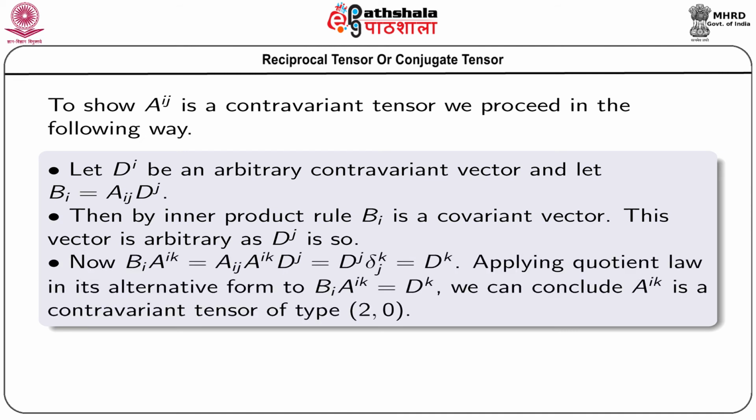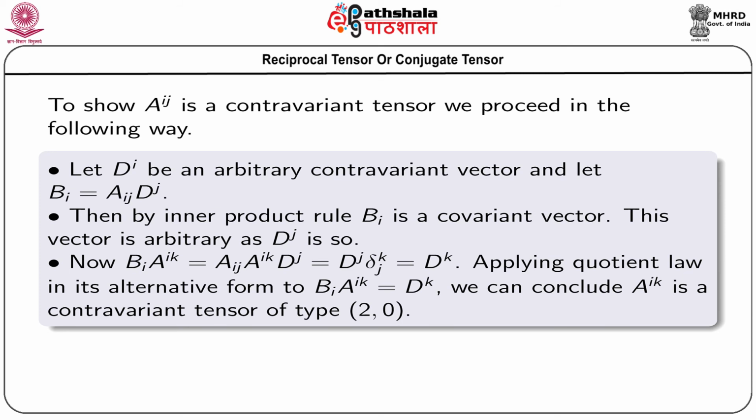Now, b_i A^ik can be written in the form A_ij A^ik d^j, because in place of b_i we are writing A_ij d^j, and from the previous slide we got that A_ij A^ik is delta^k_j.